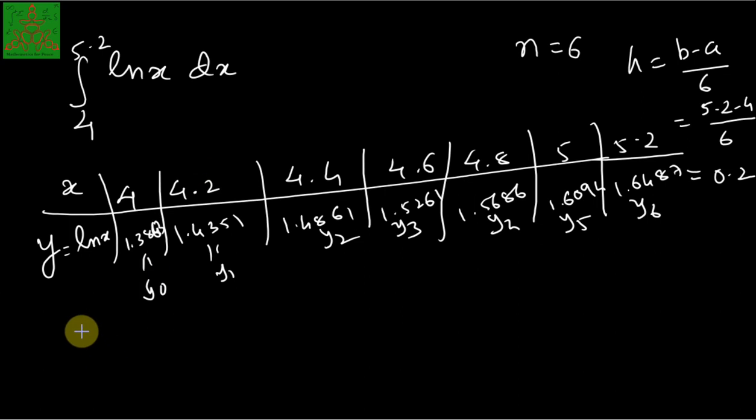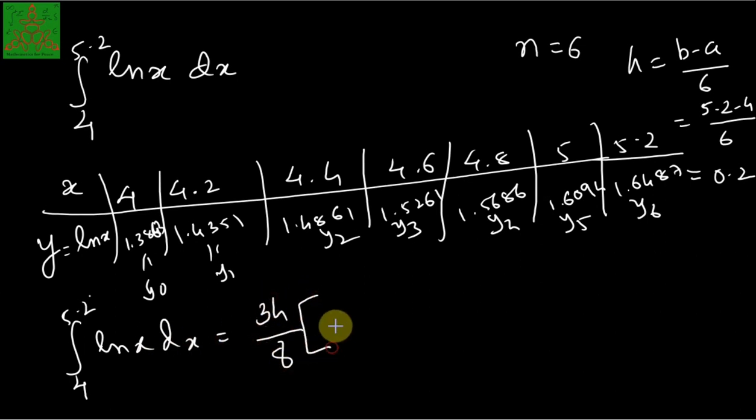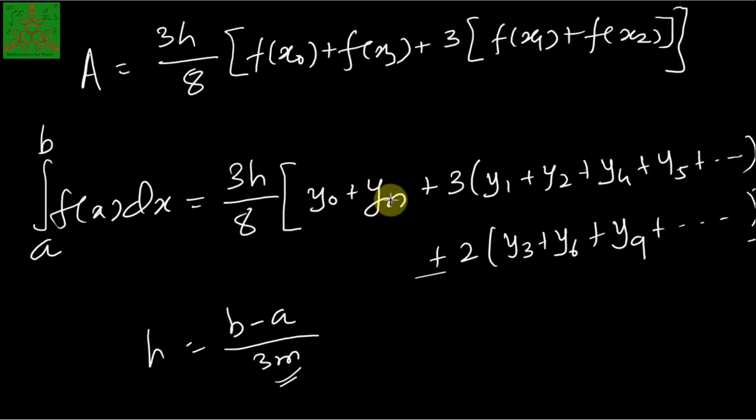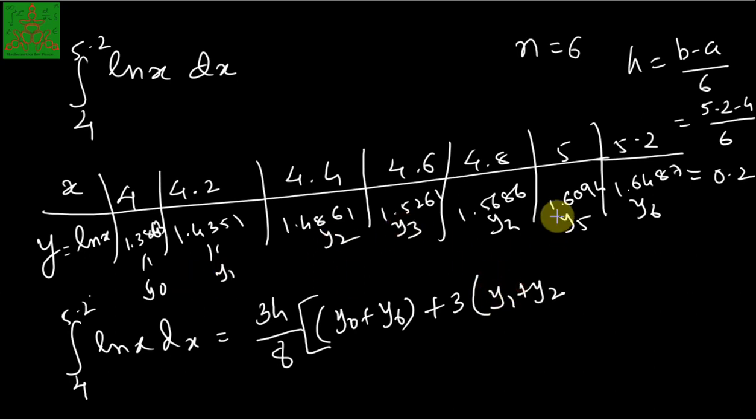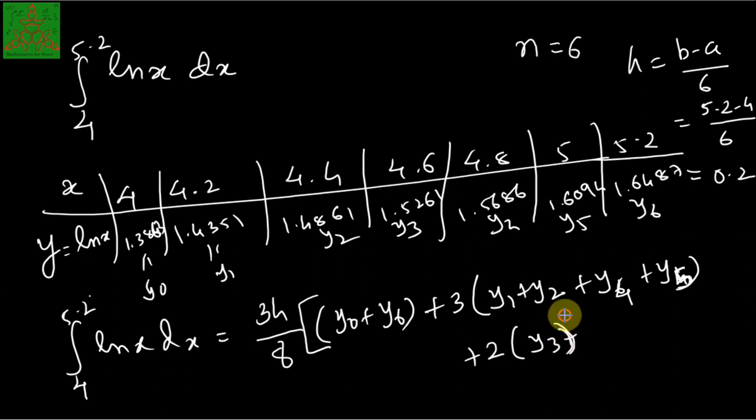Now as per the rule, the integral from 4 to 5.2 of ln x dx will be 3h by 8 times y0 plus yn. Here n is 6, so it is y0 plus y6, plus 3 times y1 plus y2, y4 plus y5, plus 2 times y3. y6 is already taken, so we will not consider it again.